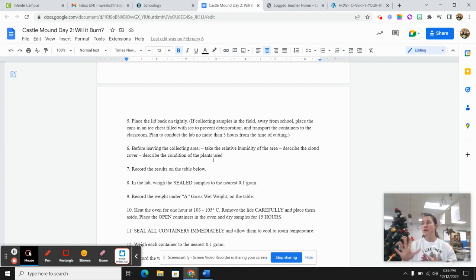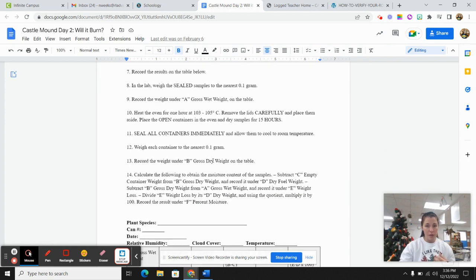Then you are going to put those in the fume hood and we're going to leave them there overnight with the hood on to circulate air so they can dry out a little bit. With that, we are going to be able to see how much moisture they actually lose in one day of sitting out, to see how much moisture is in these different fuels.